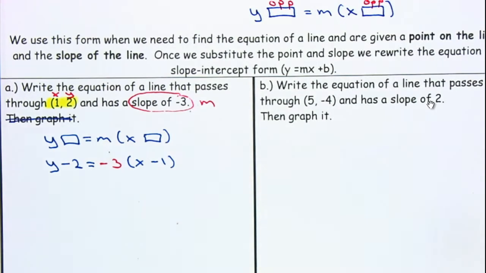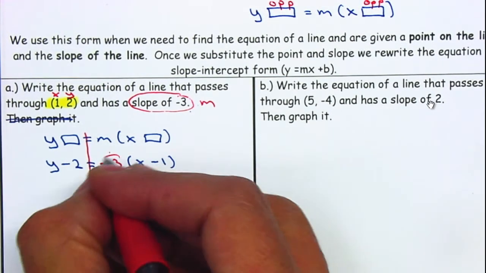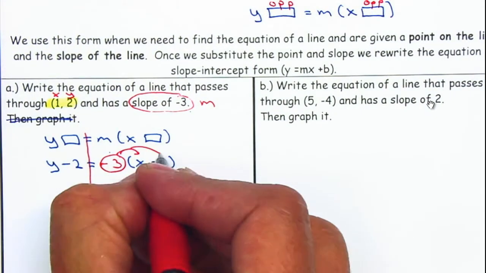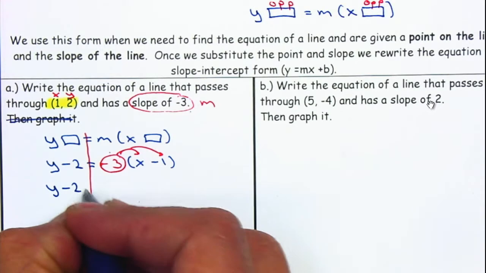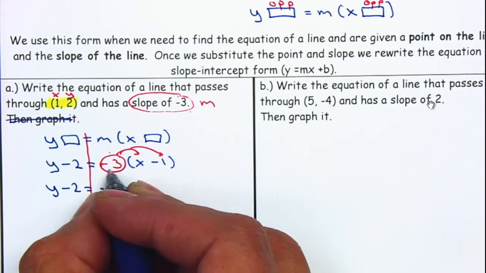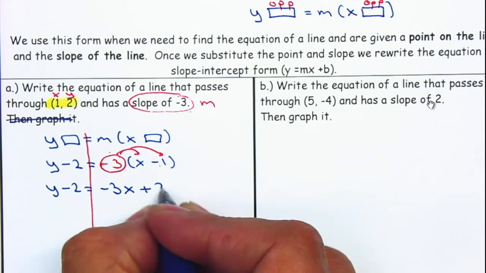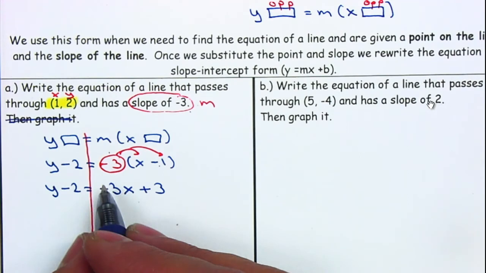From there, I can go and solve for y. So I'm going to use my distributive property. y minus 2 is equal to negative 3 times x is negative 3x. Negative 3 times negative 1 will be positive 3. So I'm using my distributive property. And just be very careful with your signs.